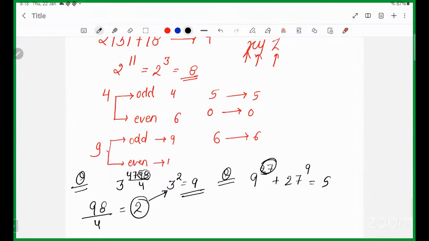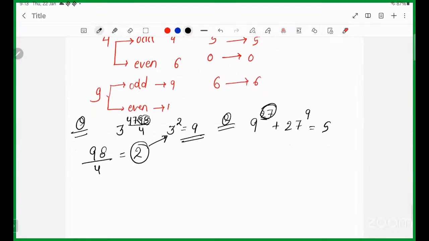And for 9, if the power is odd, then the unit digit will be 9. And here the last digit is 7, so 7 raised to power 9. Here I will divide 9 by 4. The remainder will be 1. So it will be 7 raised to power 1, which will be 7. So 9 plus 7, it will be 16. So unit digit will be 6.